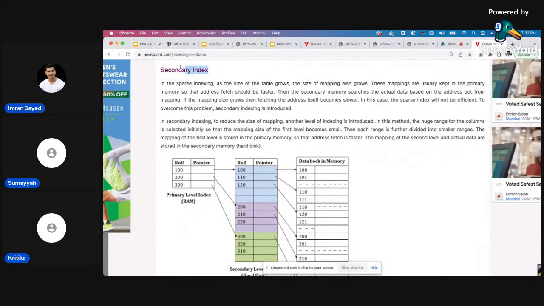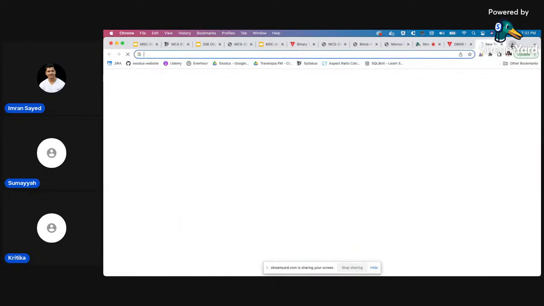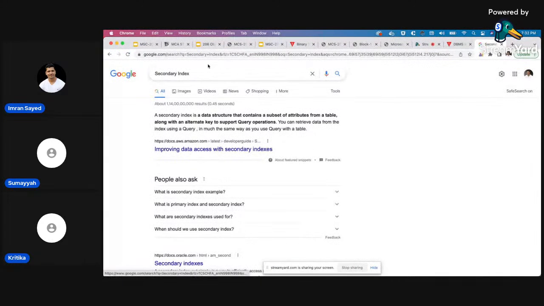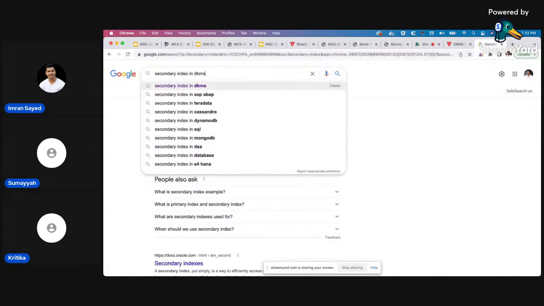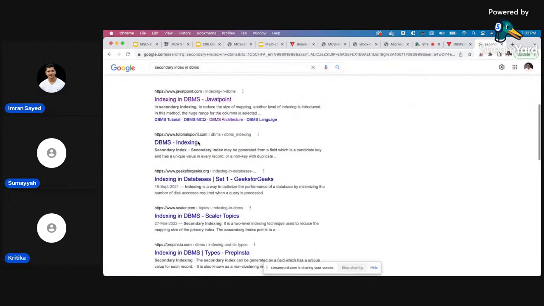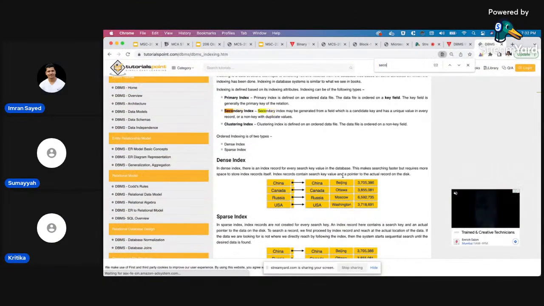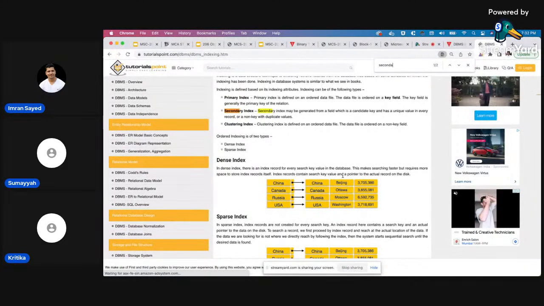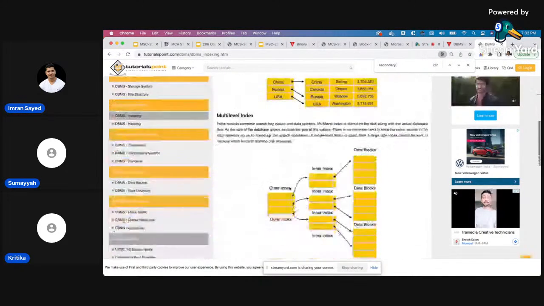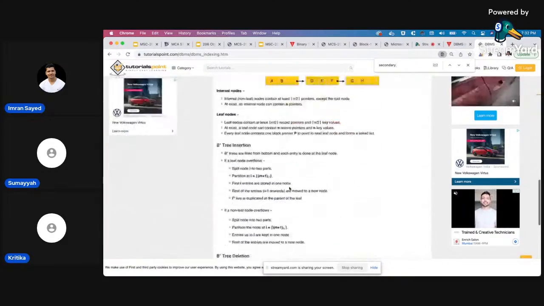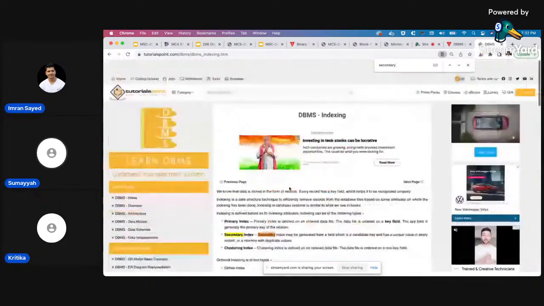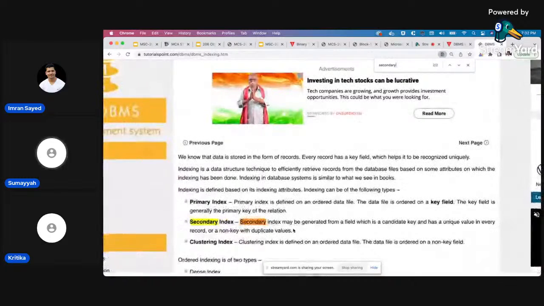Okay. Here they have not explained it much, but I think this is the same definition or similar definition as in the book. Yeah.